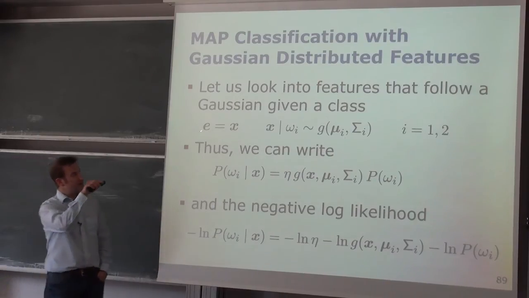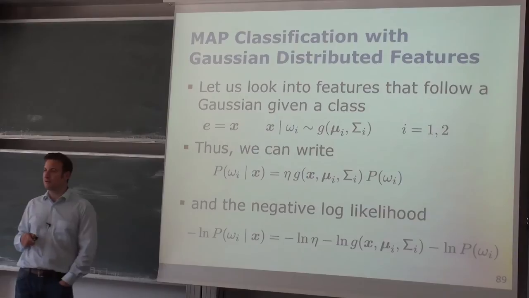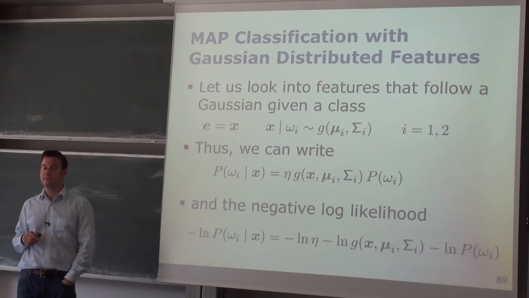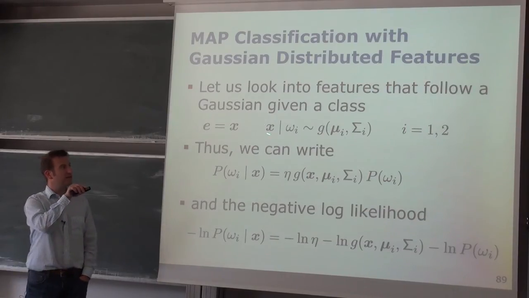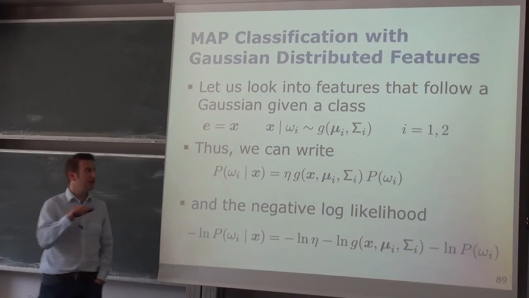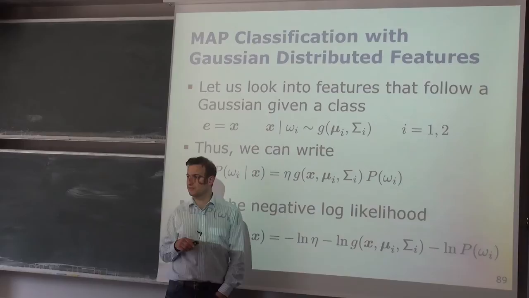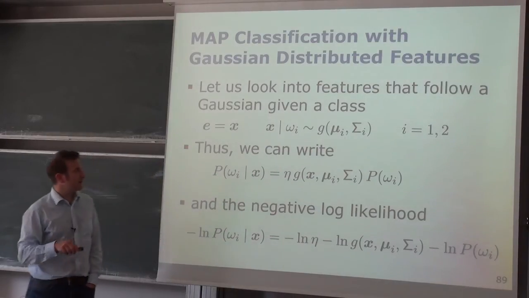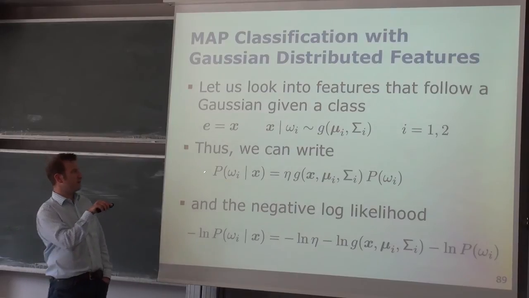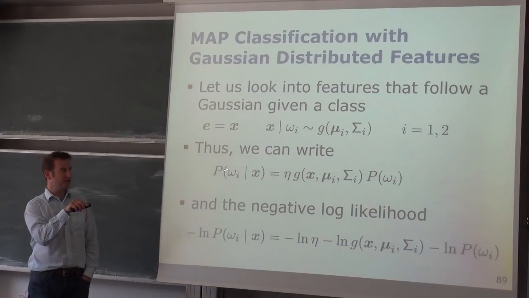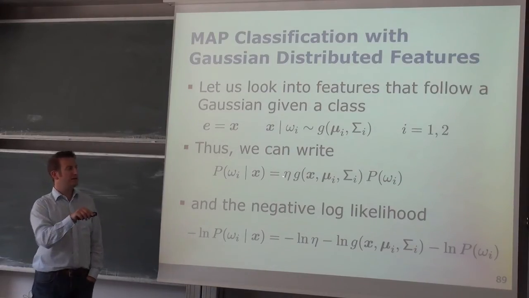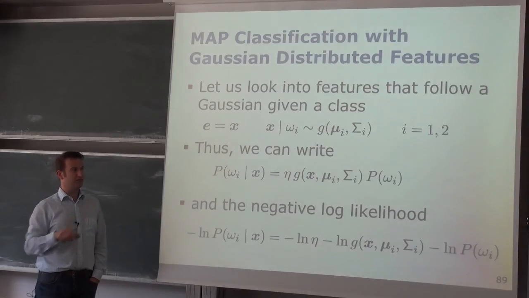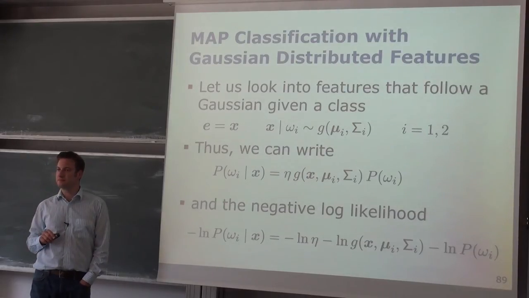So my feature is now a continuous variable x, and this continuous variable x, given the class, is distributed according to a Gaussian distribution. As a result, we can simply rewrite the expression I'm interested in. And here I have my Gaussian distribution. Okay?